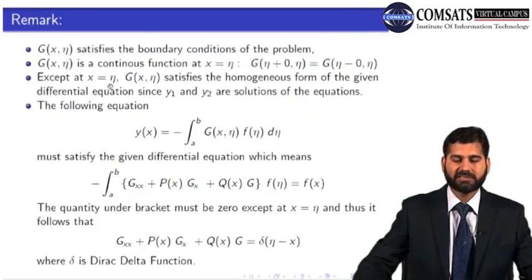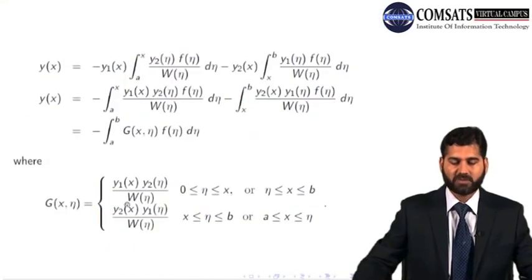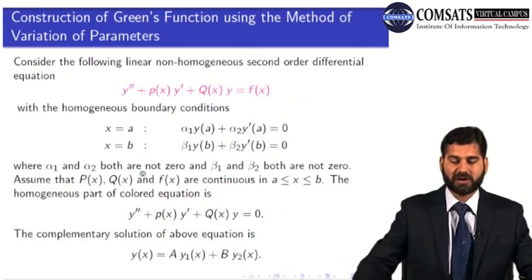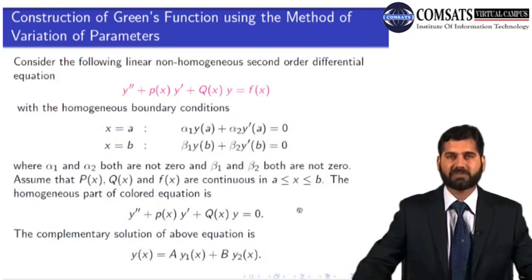Except at eta, G(x, eta) satisfies the homogeneous form of the given differential equation. Since y1, y2 are both solutions of the equation, this also satisfies the homogeneous part of the equation, because we know that to find the Green's function, we take G double prime plus p(x) G prime plus q(x) G equal to delta(x minus eta).